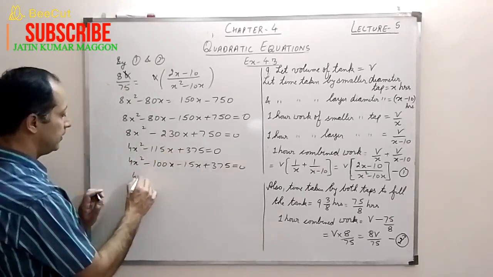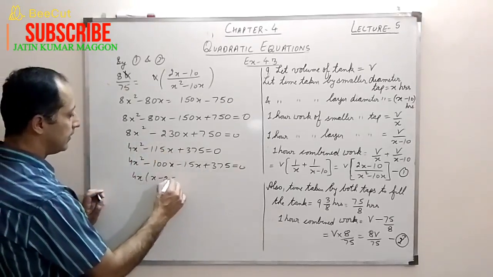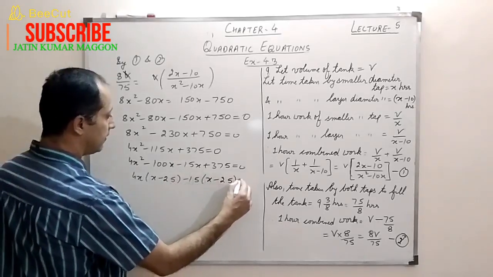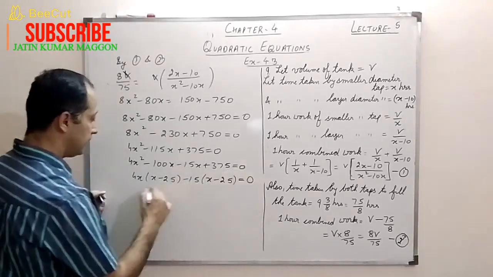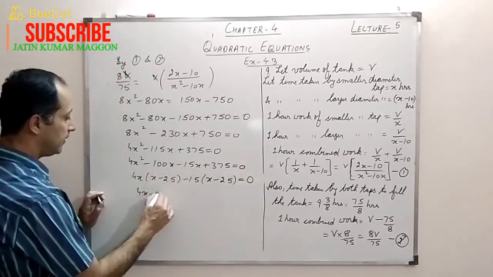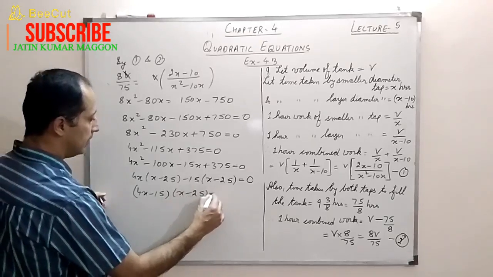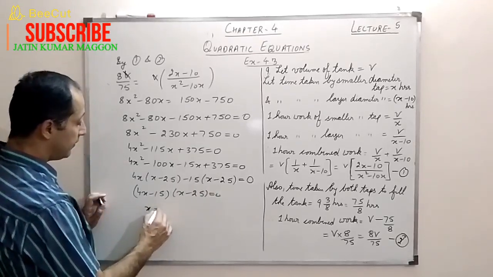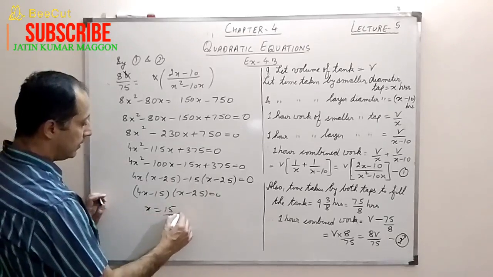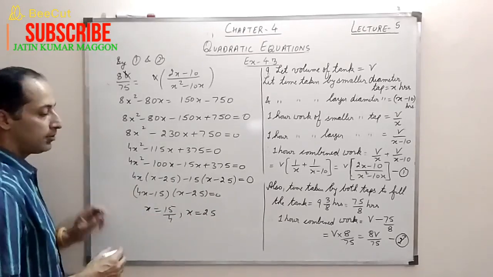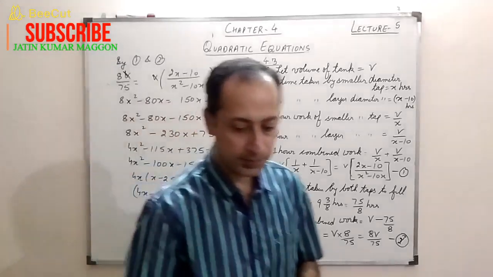So 4x is common, (x − 25), and −15 is common, (x − 25) = 0. So now what we have is (4x − 15)(x − 25). So I get the values of x as 15/4 and x = 25. So these are the two values which I get.